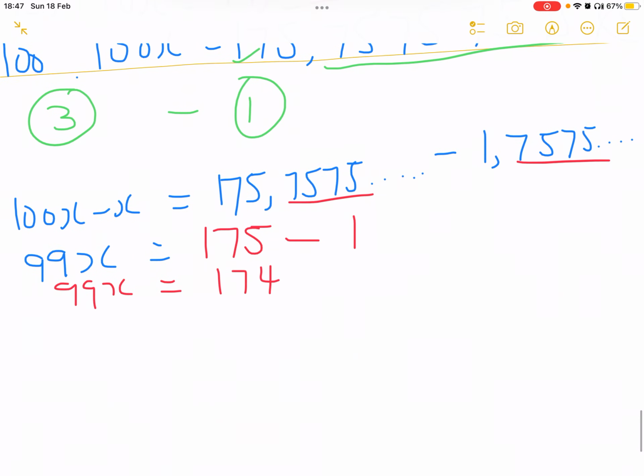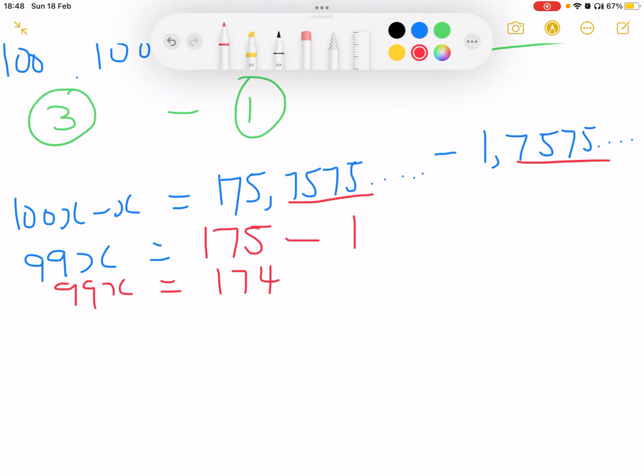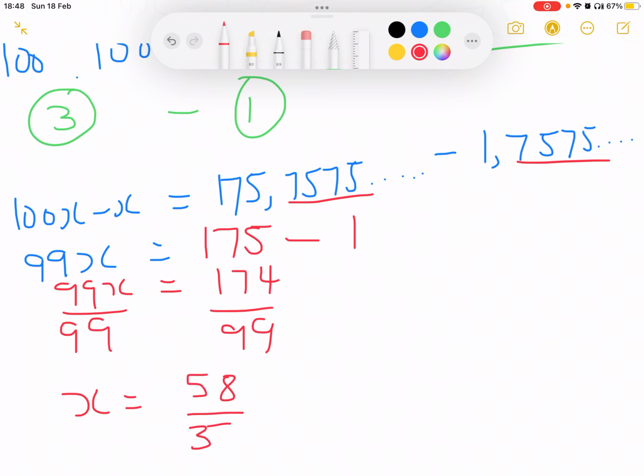Now, for us to get the fraction value that is equivalent to 1.7575, we divide both sides by 99. Then we're left with x equal to 174 over 99, which is equivalent to 58 over 33.